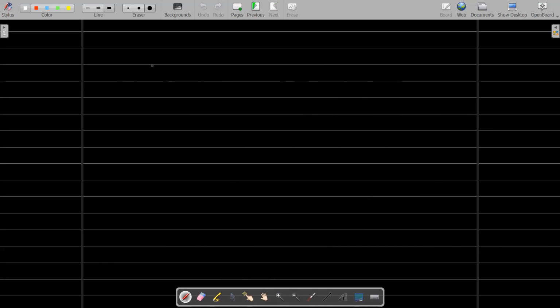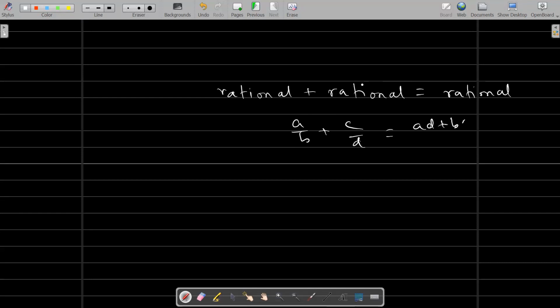Now, as far as rationals are concerned, we know rational plus rational is rational. The set of rationals is closed under addition. Addition of two rationals is again a rational, the way we define it: a by b plus c by d is (ad plus bc) by bd, which is again a rational.